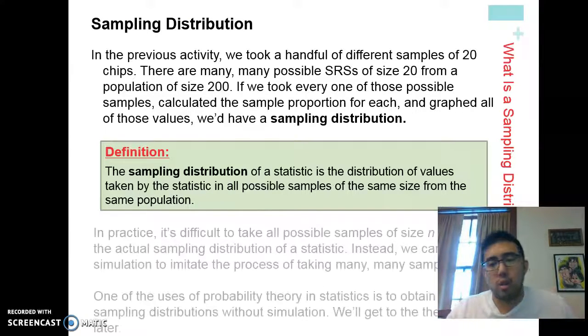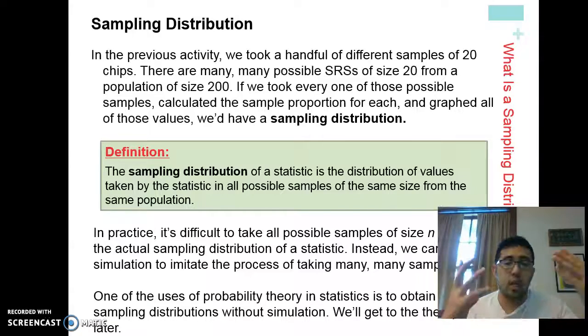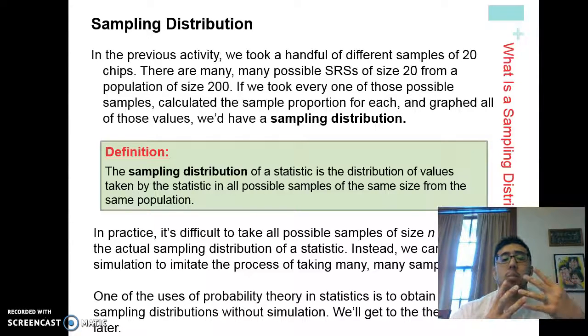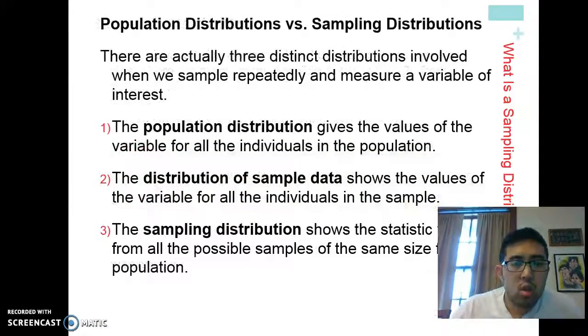I should have gone to this slide earlier. In theory, the sampling distribution is collecting all the possible samples of a particular size, in this case 20, from some population. We took samples of 20 of these cards. Now we're going to talk about the difference between these three.